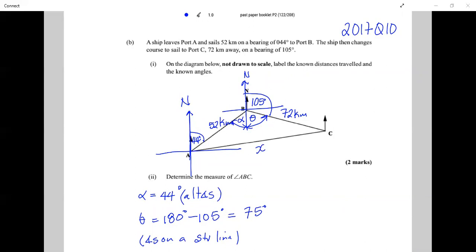I know the size of the inclusive angle between them is 119 degrees. And I wish to find the length of the third side. That is a condition for applying the cosine rule. So the two sides are 52 and 75, and the inclusive angle is 119 degrees.